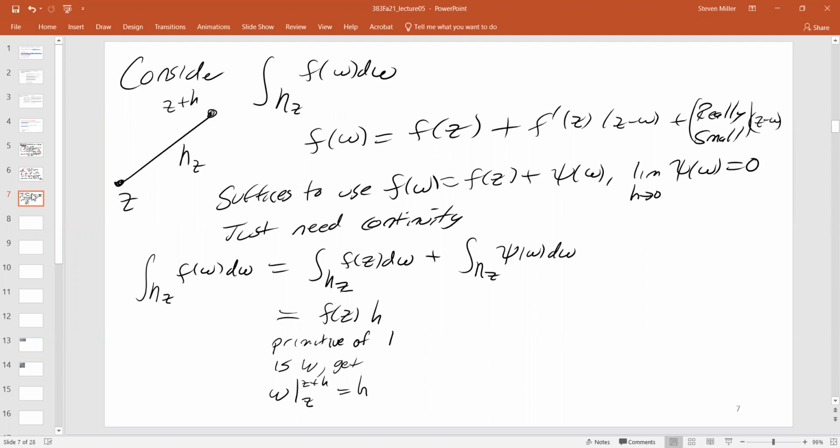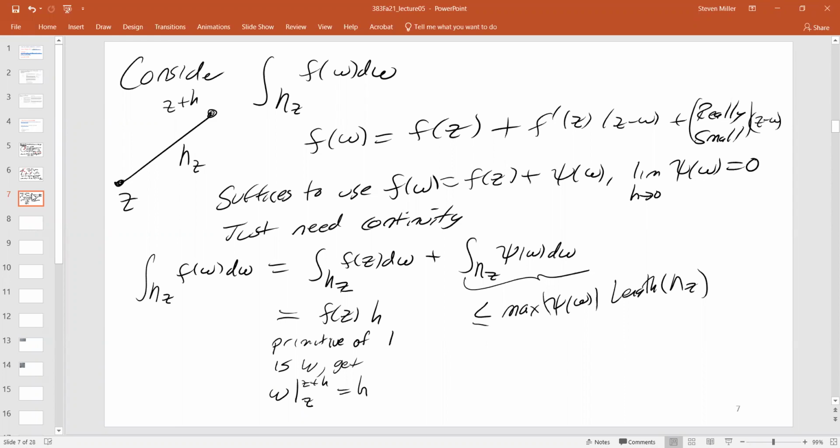And now we're going to look at how big this can be. This is going to be less than or equal to the maximum of c of w times the length of eta of z. I just take my integrand and put in an upper bound for the integrand, and I multiply by the length of what I'm integrating over, and that will be an upper bound for this error.